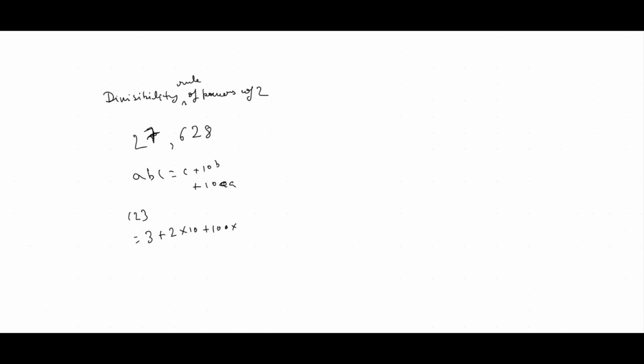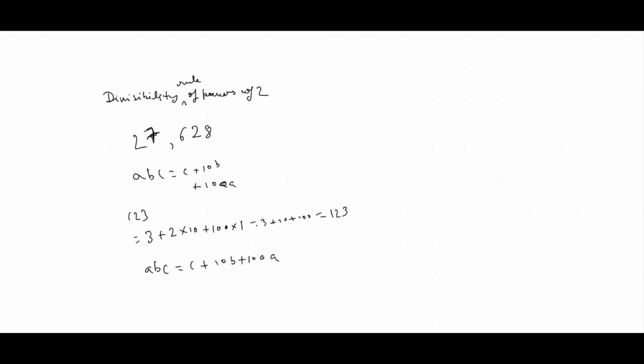And it's 3 plus 20 plus 100, and that's equal to 123. So you can write a number ABC like C plus 10B plus 100A. I don't think that you should have any doubts up till here because the concepts are very easy.